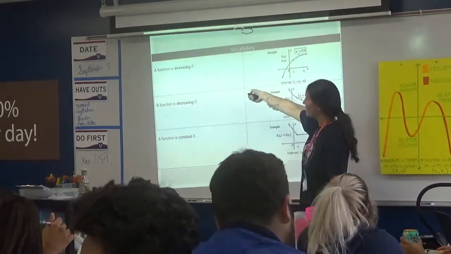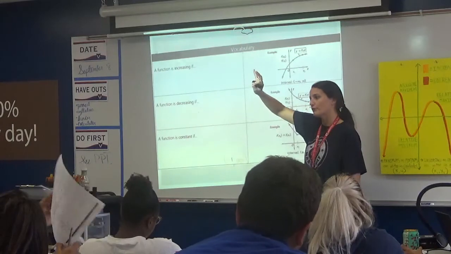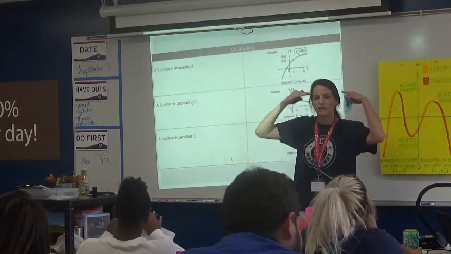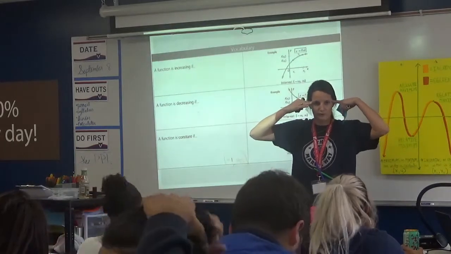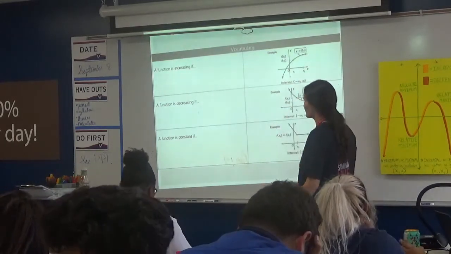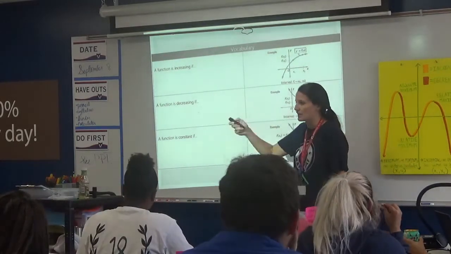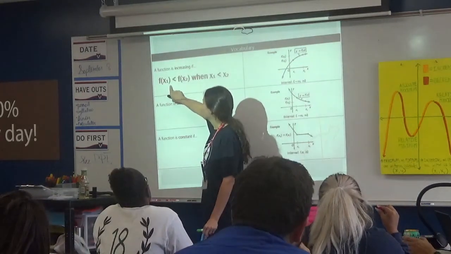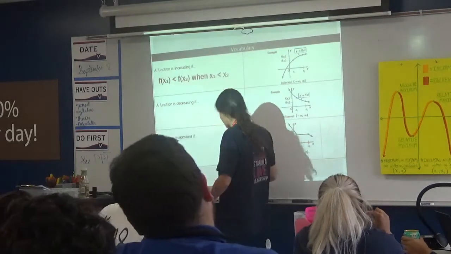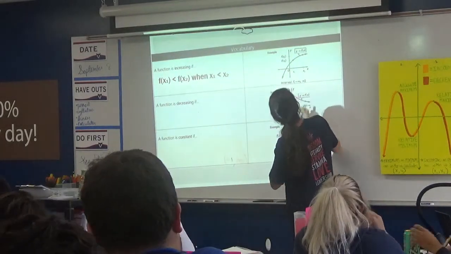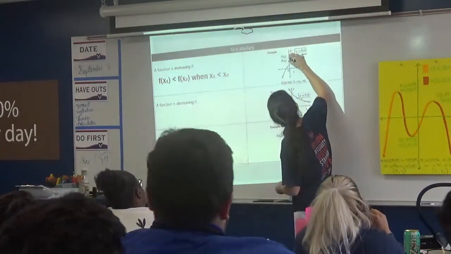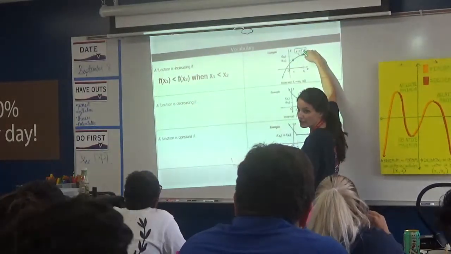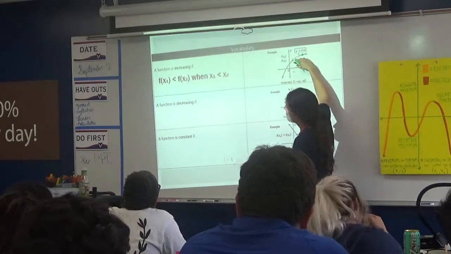Okay, I'm going to put up here my definition, but before you write it down, I want you to try to engage with me to make sure you understand before you're writing it, because I don't want you to write stuff you don't get. So, a function is increasing if, don't write this down yet, f of x1 is less than f of x2. Let me show you what I mean by that. Those are y values, f of x2, f of x1. See how f of x2 is greater than f of x1?